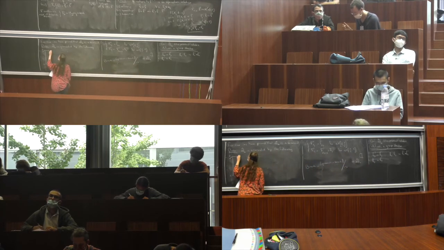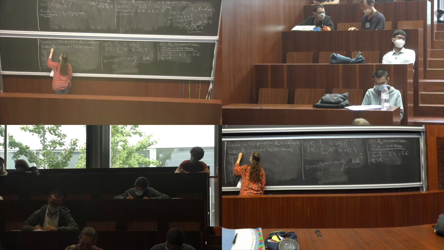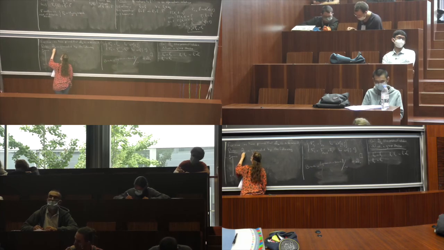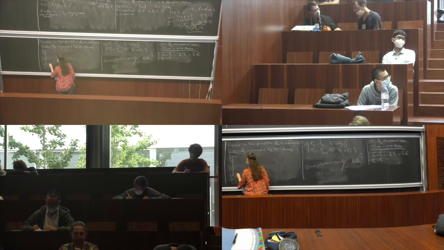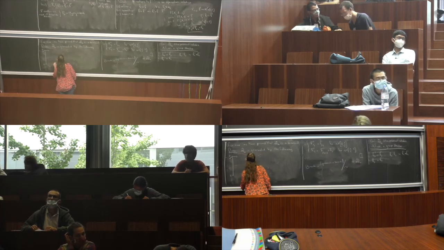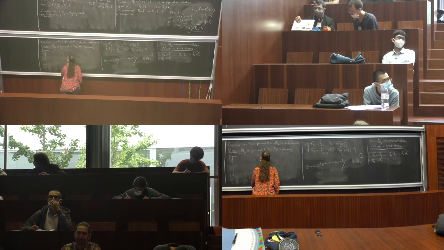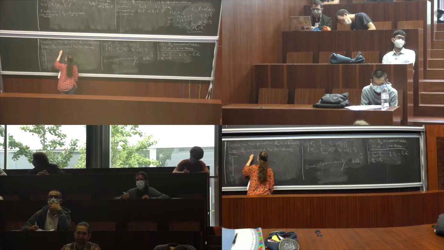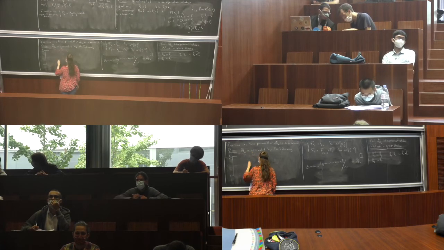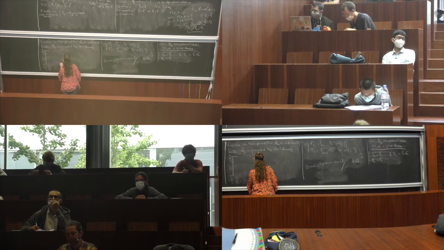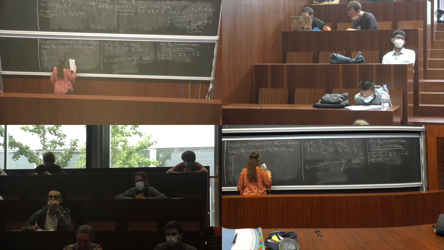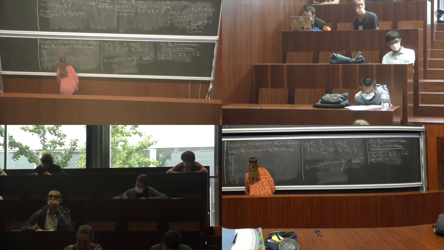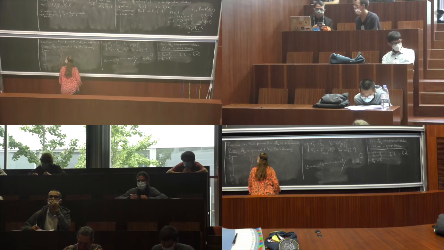So 1, 0, 0. Let me just write 2, N, 1, 2, N. And in between I have i, i plus 1. So this guy is sigma i plus.